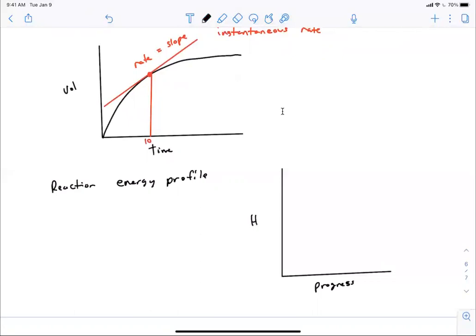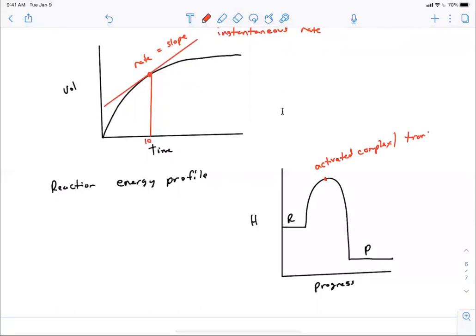Okay. So with this idea, it's understanding the reactants versus products, and understanding this point up here is the activated complex or the transition state.